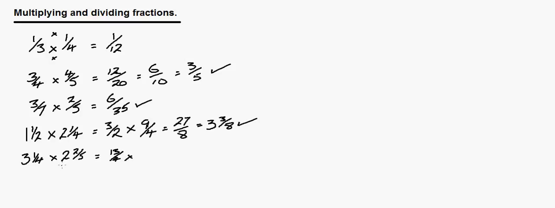And that's going to be multiplied by fifths. So 5 fifths make 1, so 10 fifths make 2, plus that 2 is 12 fifths. Okay?